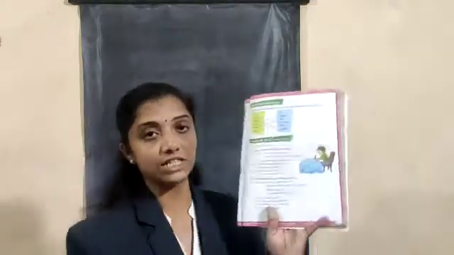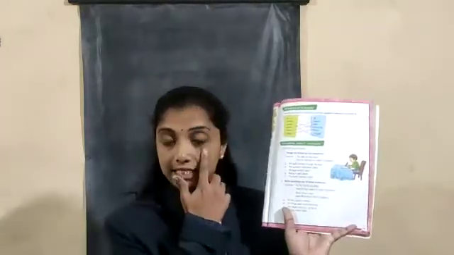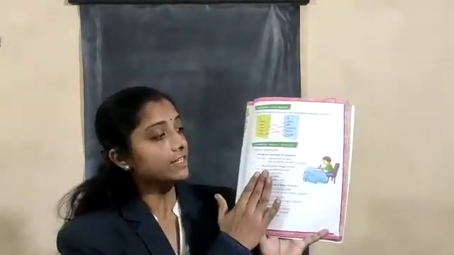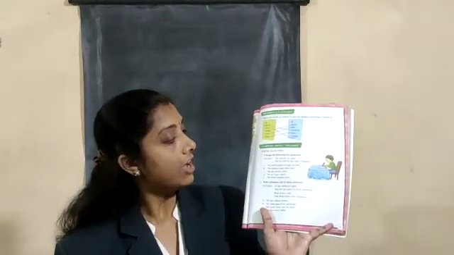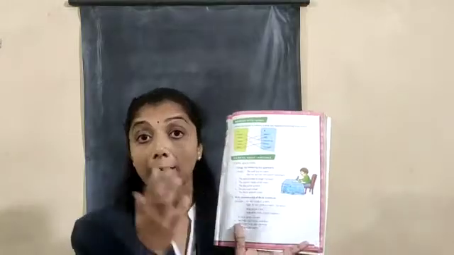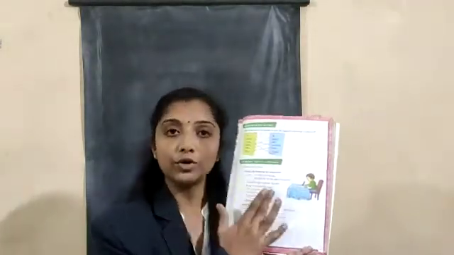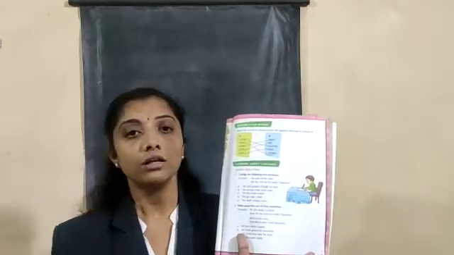Okay children, in your textbook, that is page number 63, English 1 textbook, there are two exercises here. In the first exercise, they have asked you to change the following into questions but using did. Okay, that question we are going to delete. We are not going to learn that.